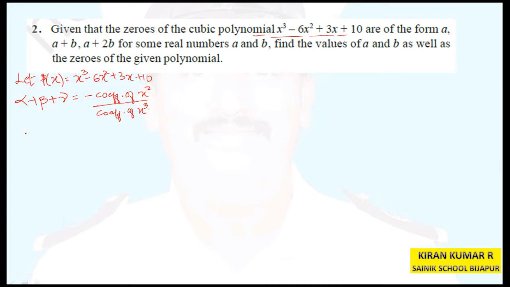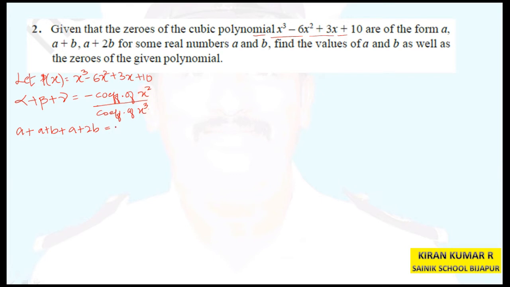Let's substitute. They have given the zeros as a minus b, a and a plus b. So in the place of alpha, let me take a minus b, in the place of beta, a, in the place of gamma, a plus b, which is equal to minus the coefficient of x squared, which is minus 6.